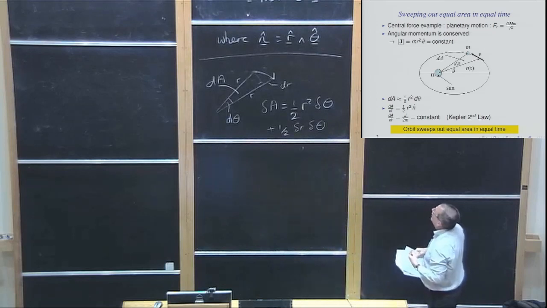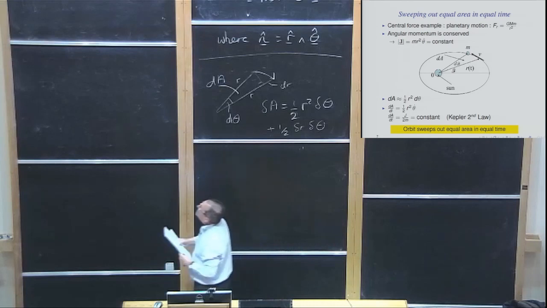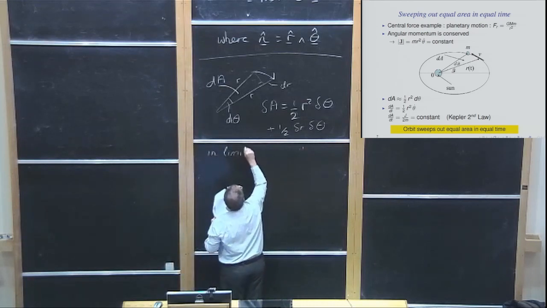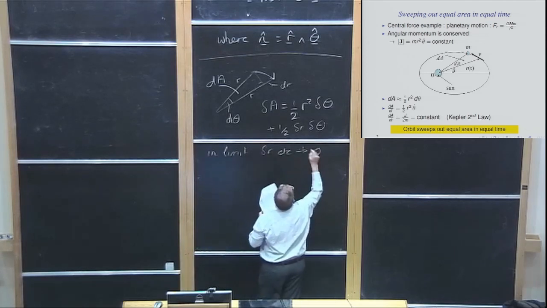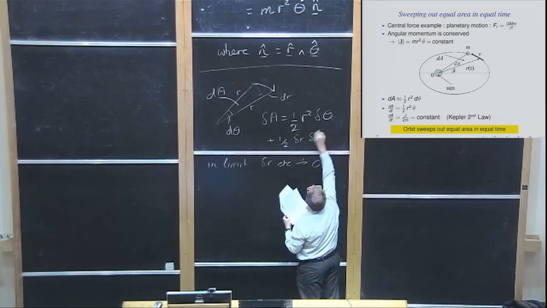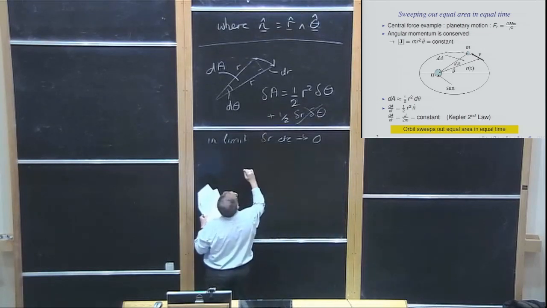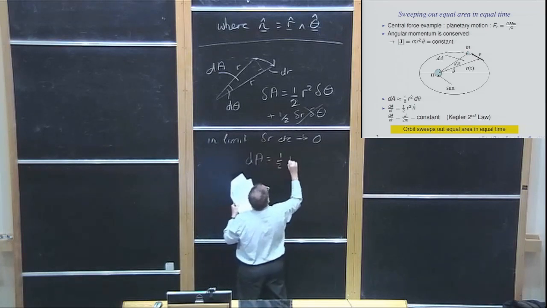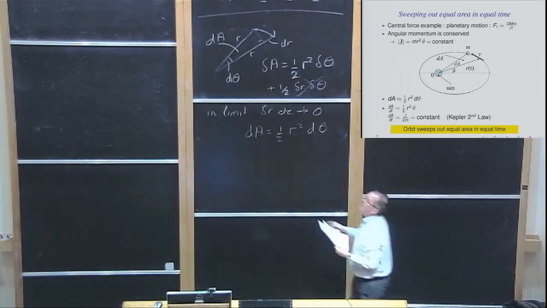But in the limit that d theta and dr, etc., tend to 0, this second order term becomes insignificant, and you're just left with dA equals a half r squared d theta. Okay, so that is just the result of calculus.